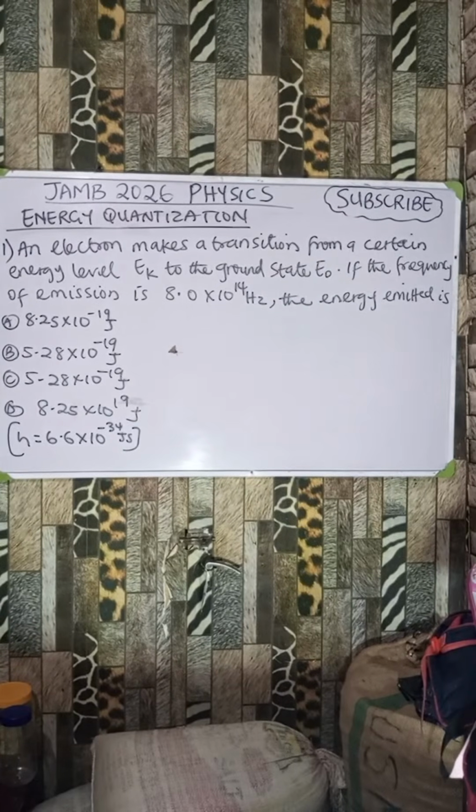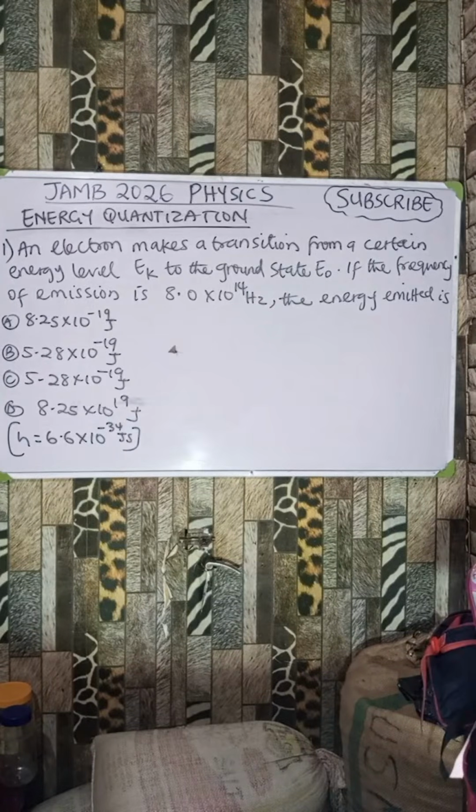Okay, class, look at this question. You asked why E5 did not return to E0. It must not return to E0. It depends on its original ground state, so you just have to answer the question the way it is.